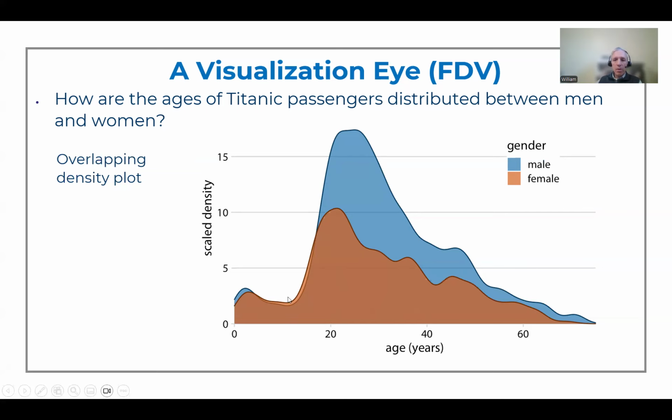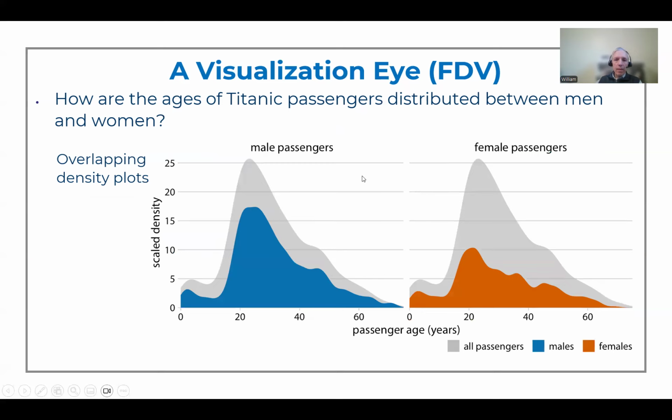We're just trying to show density to the user. The task that we're trying to get them to take on is to show the relative age of the Titanic passengers. And so this does a pretty good job. You only have this really slight space where women outnumber men, and the rest of the time men outnumber women. And so I can put men behind women, and the overlaying works pretty well.